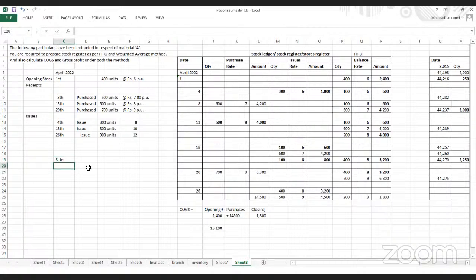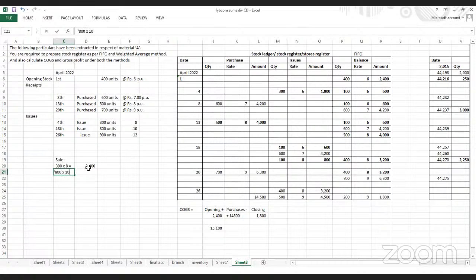Sales will be on 4th, it will be 300 into 8. 300 units are sold on 4th at the rate of 8. So 2,400. Next issue was 800 units at the rate of 10. So 800 units into 10.